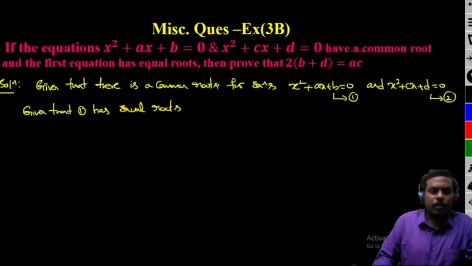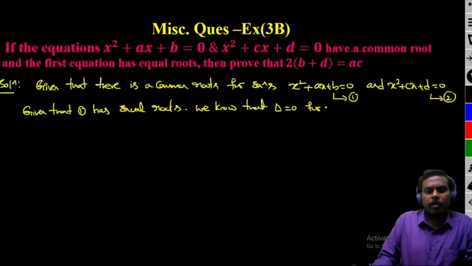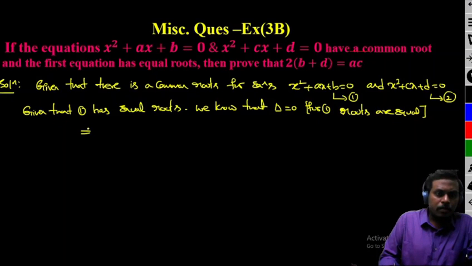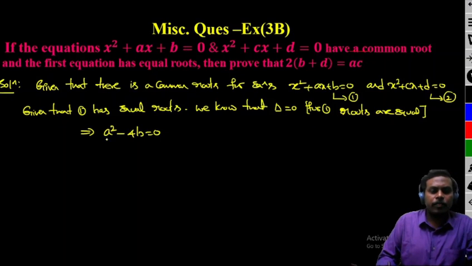So we know that the discriminant delta 1 is equal to 0 for equation 1 because the roots are equal. So this implies a square minus 4 into b is equal to 0.